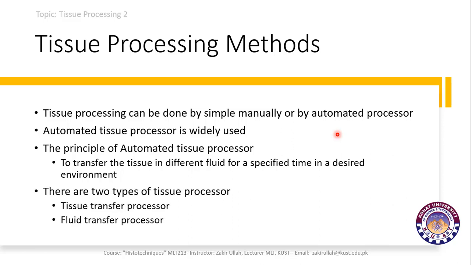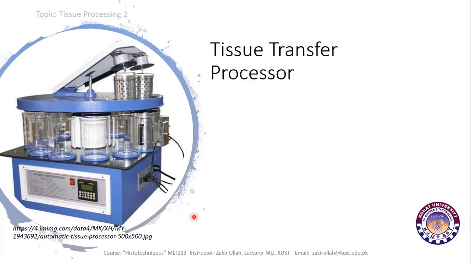There are two types of tissue processor. The first one is the tissue transfer processor and the second one is the fluid transfer processor. This is the image of the automated tissue transfer processor.